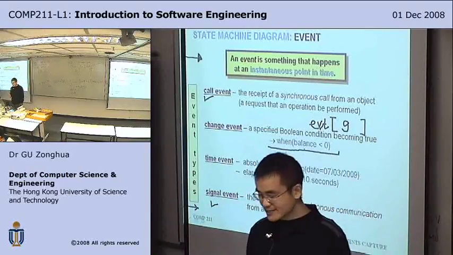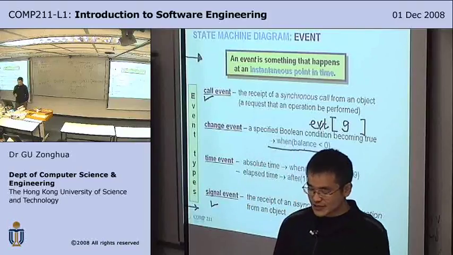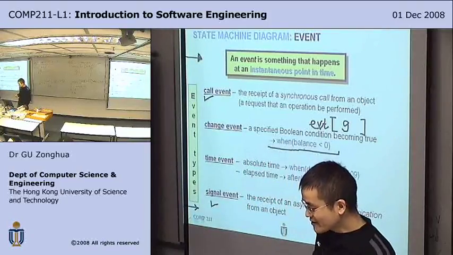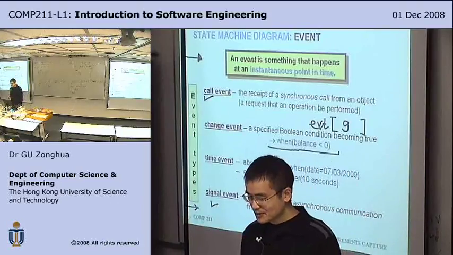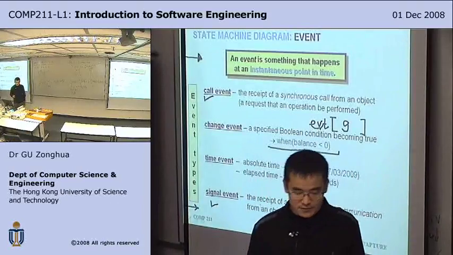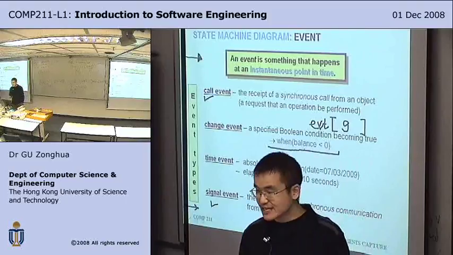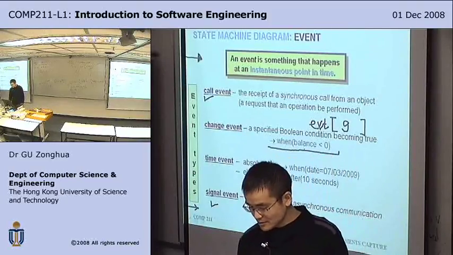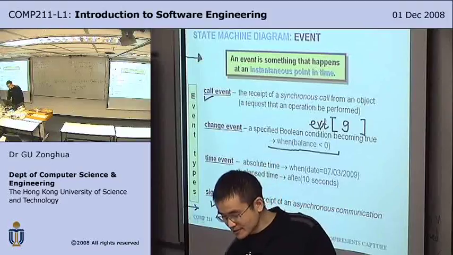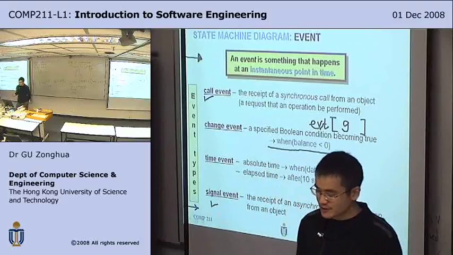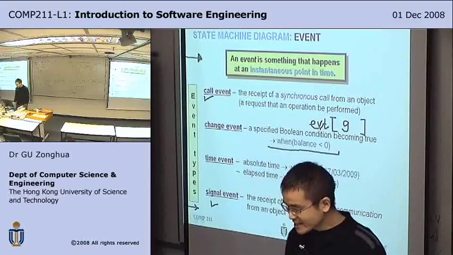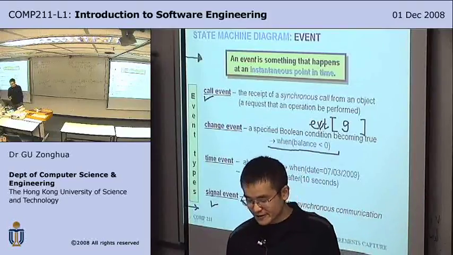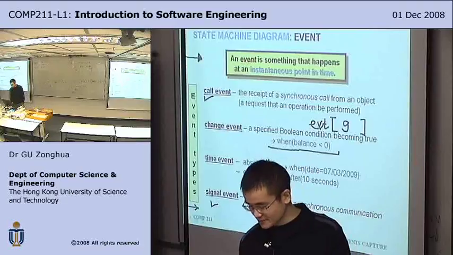This particular event is triggered when the balance is less than 0. Think of it kind of like an active database. When the balance drops below 0, the database sends something out. While the guard is passive, it must be paired with another event. So many times you can use either style to specify the same thing, but they mean different things.